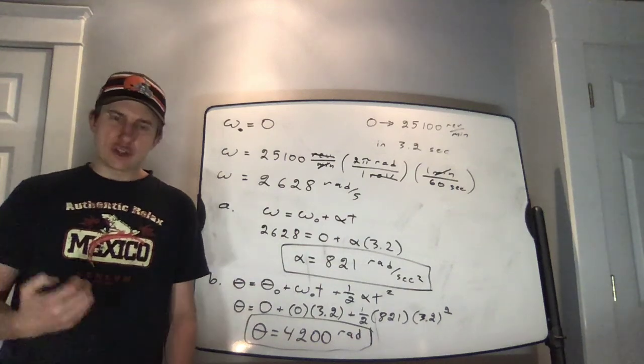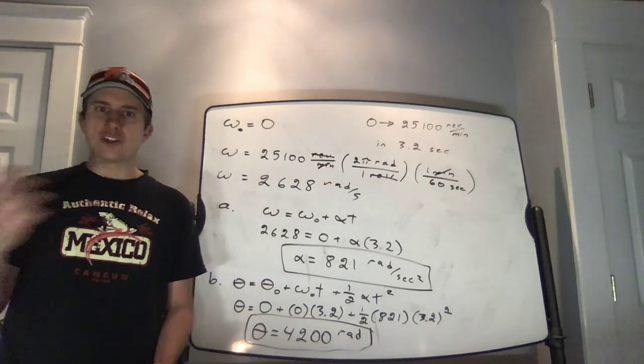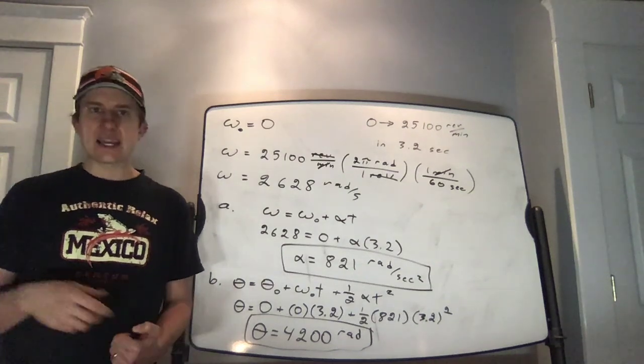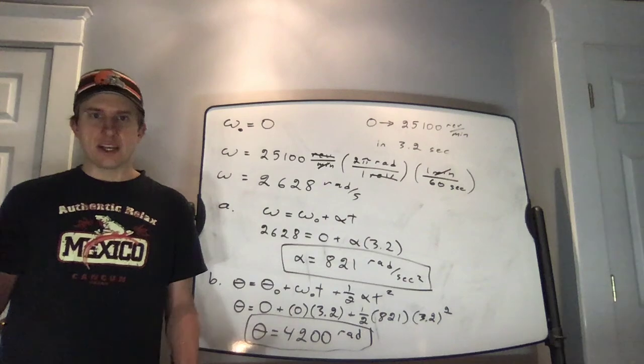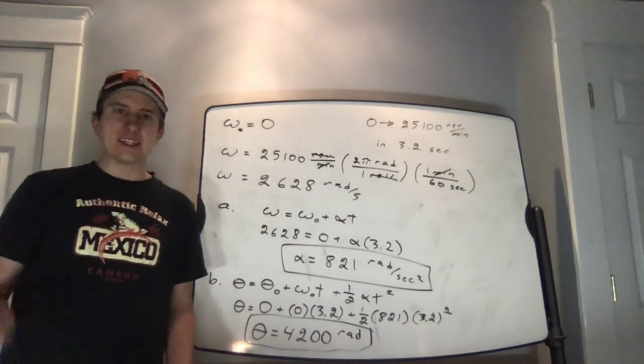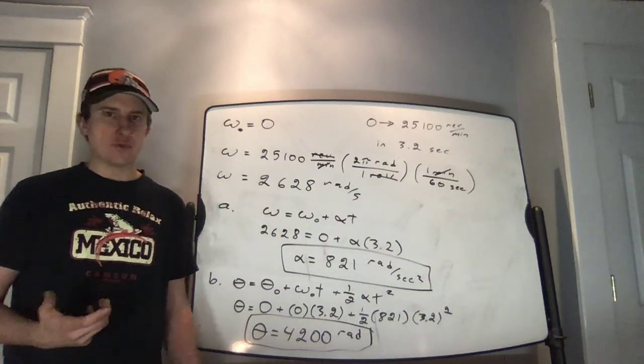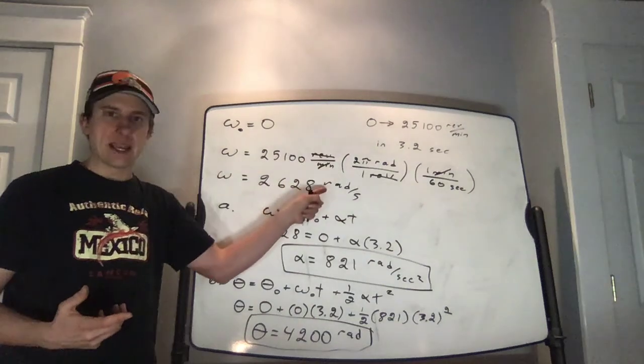In this case, the drill spun through 4,200 radians. If I divide 4,200 by 2 pi, I get about 670. So I interpret this result to mean that the drill spun around many times, almost 670 complete revolutions, while it was speeding up to its final angular velocity.